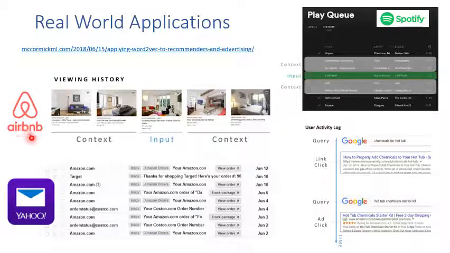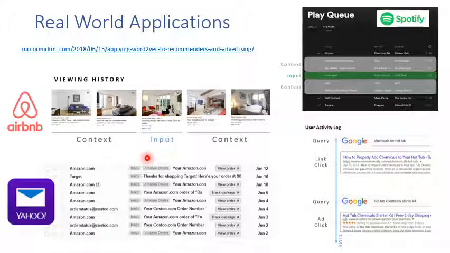Airbnb can embed the image of their apartment and also the text description together and then make an embedding vector. Also, they create an embedding vector of all their apartment items. So if the user is interested in one type of apartment, they can use the embedded vector to search for other objects.